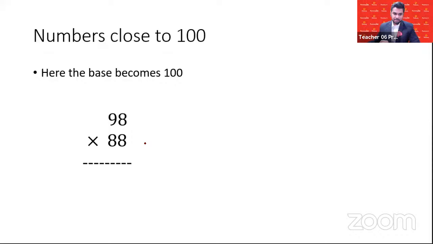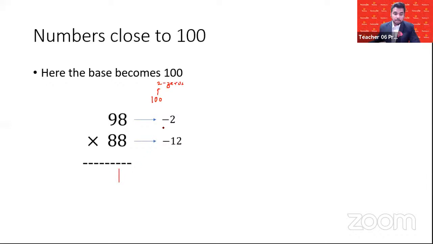So 98 times 88. So 98 and 88 are both close to 100. How much close? 98 is 100 minus 2, 88 is 100 minus 12. But look at the number 100, it has two zeros. Two zeros meaning that you can put a two-digit number on the right-hand side of the number split.